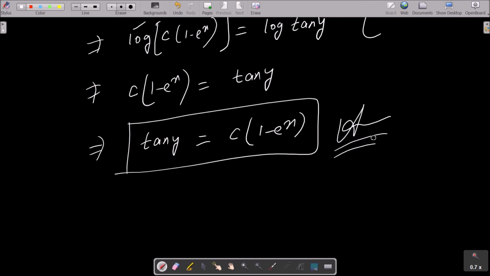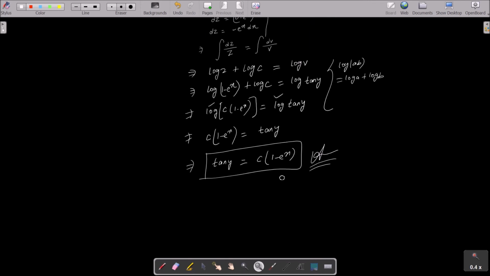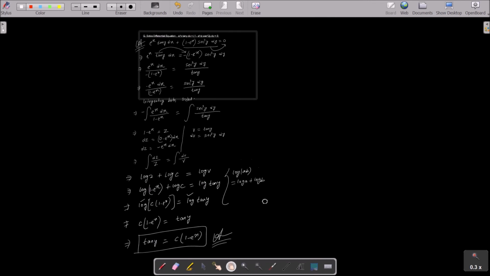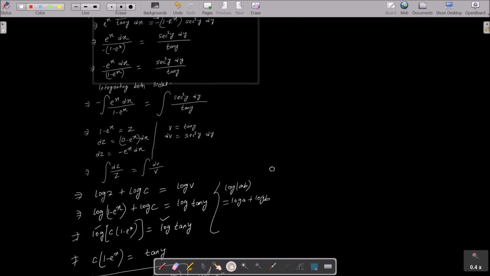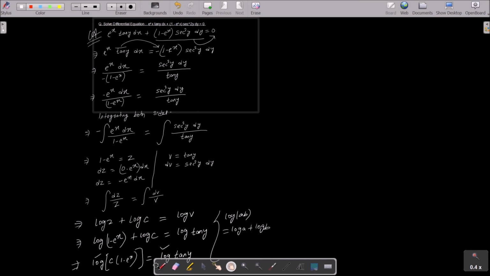One more time, I'm going to repeat this all. The important thing is first write all the given, then you should put the x part on one side and the y part on the other side, and do the integration on both sides. Then you get these terms. Assume 1 − e^x is z, then dz equals this, and v equals tan y, then dv equals sec² y dy.